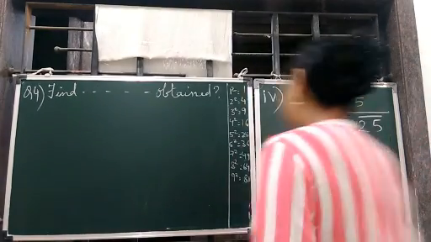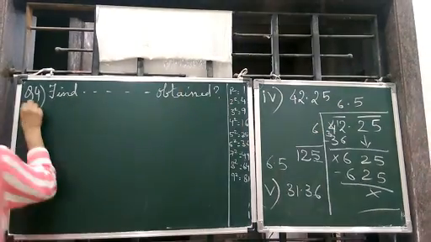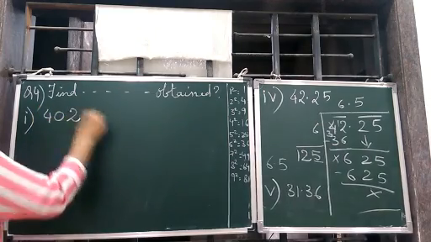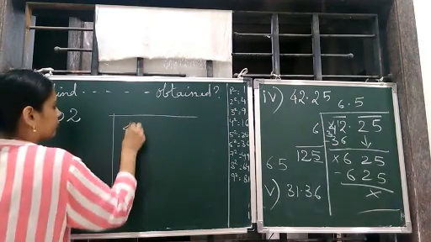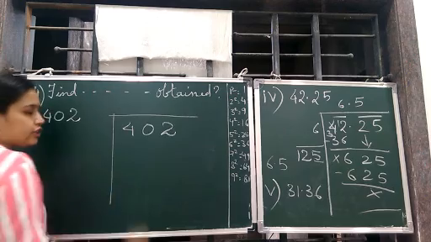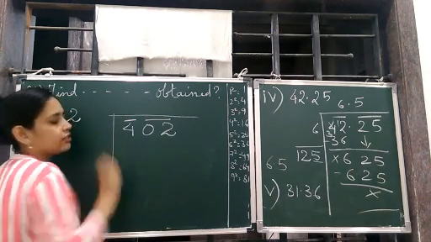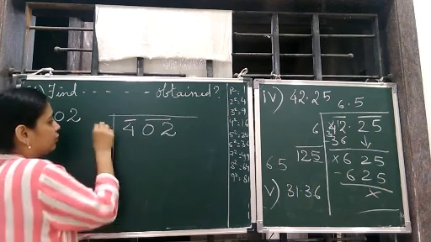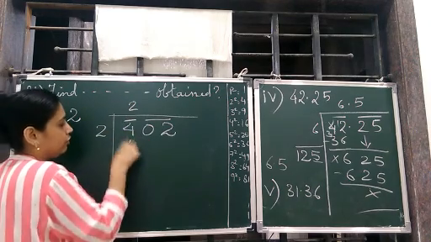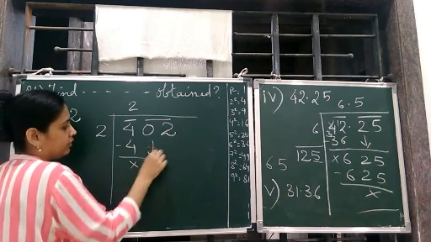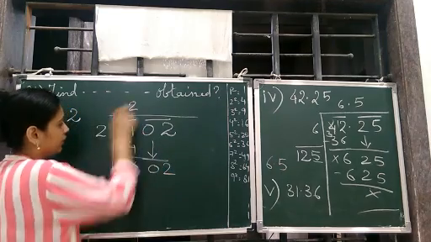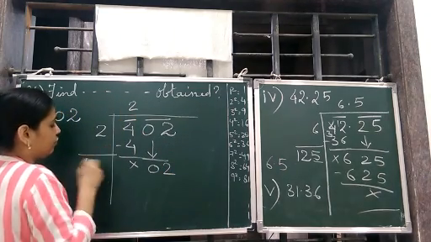The first one is 402. Now you see here there is no decimal, so we start from the ones, tens and hundreds is alone. Now 2 2s are 4, only 4 comes down, then 02. Double of 2 is 4.